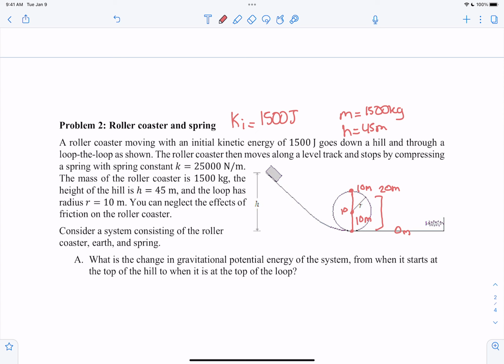If you externalize some aspects, then there are going to be external forces acting on the system, causing work done on the system that would take away energy from that system. And then in that case, there would be a change in energy.